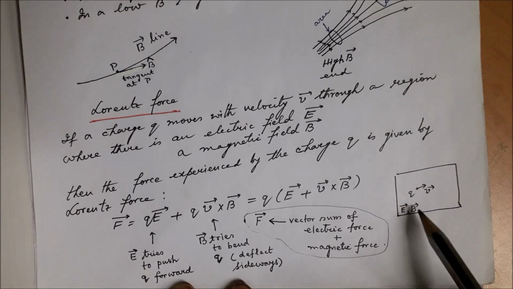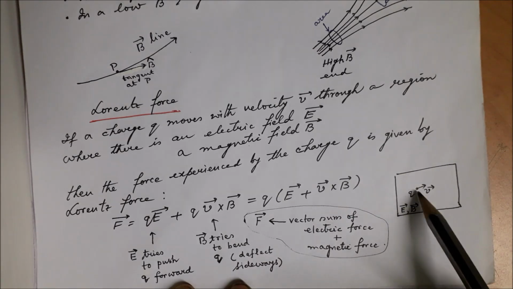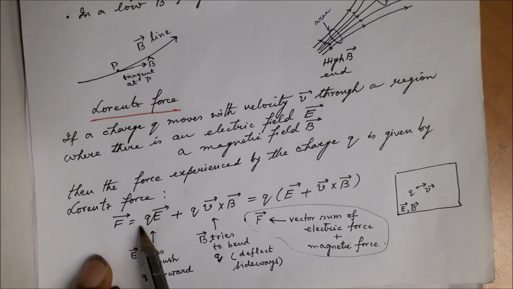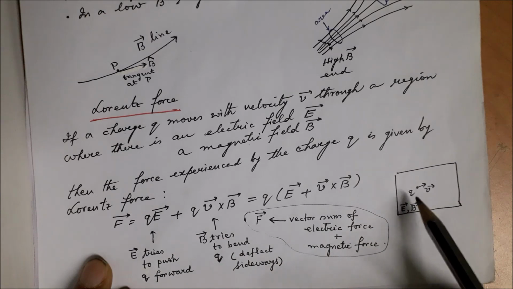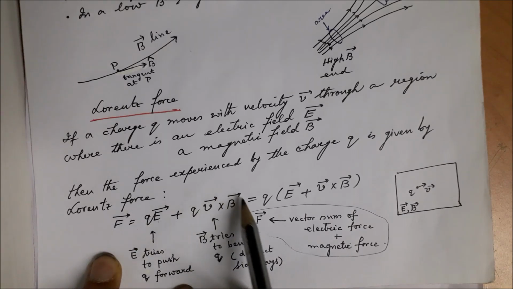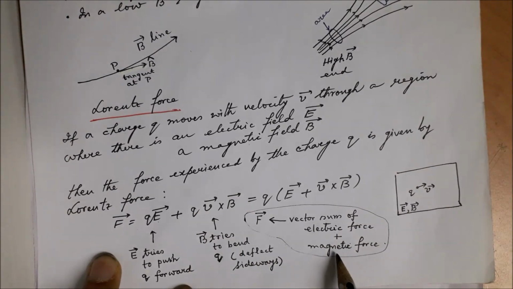So the total force that this charge, which is in this field where E and B are active, experiences will have two parts. One is Q into E, which is the Coulomb part, which tries to push the charge forward, that is, forward means along E, and the other part or portion of F corresponds to the magnetic force part, magnetic Lorentz force part.